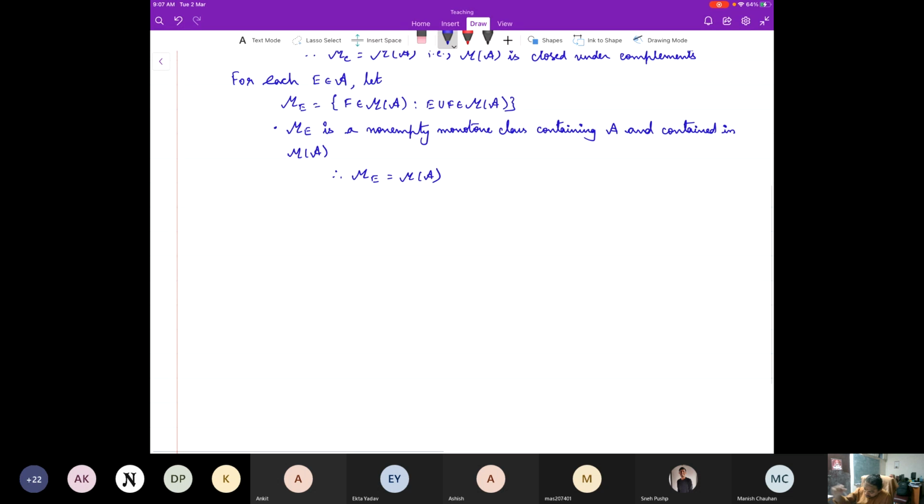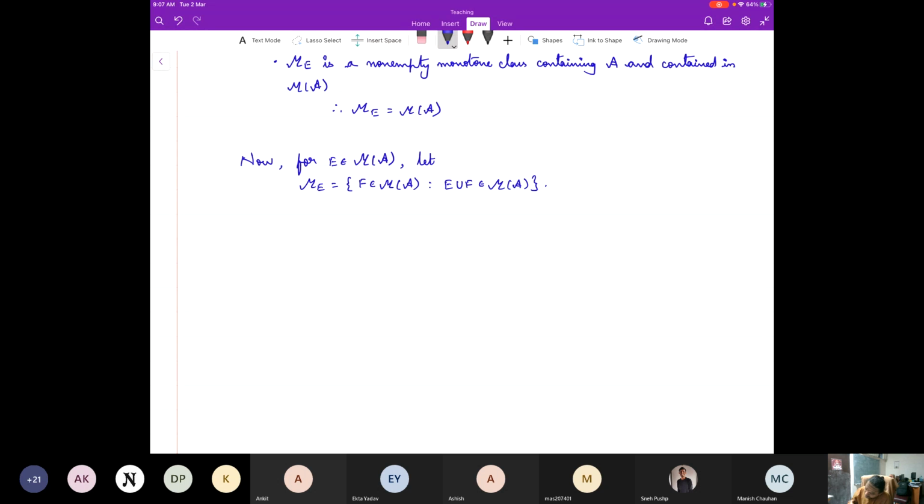And now, for E in M of A, as usual, let ME equal all those F in M of A such that E union F belongs to M of A. We are not going to prove anything about this.